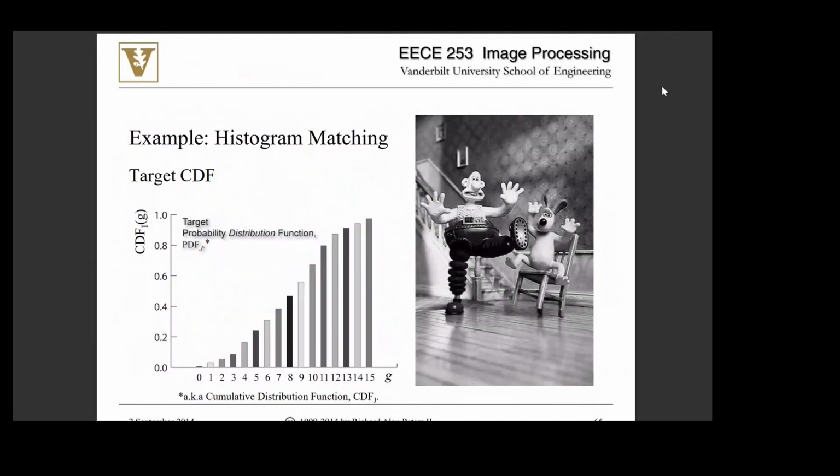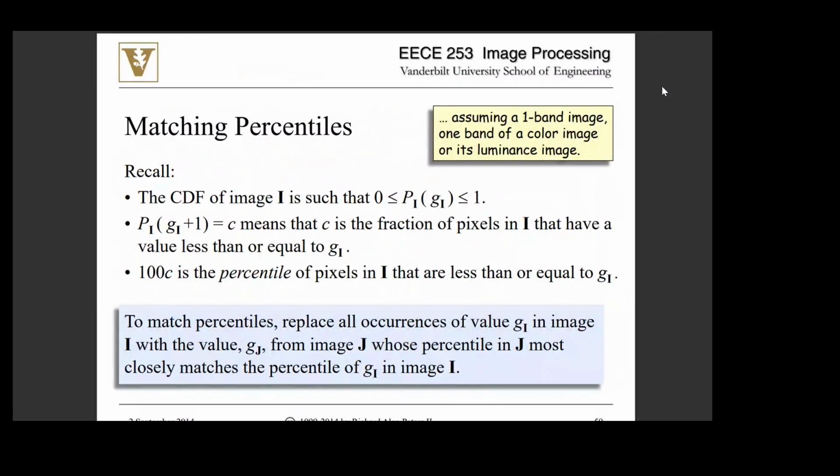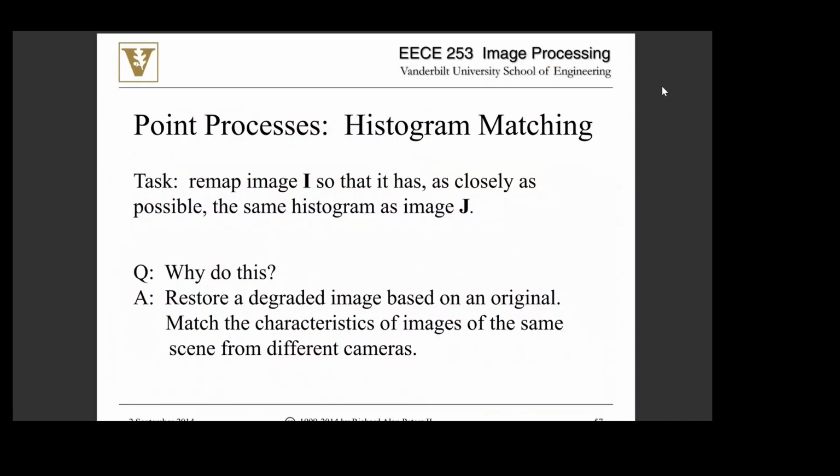Okay, so to do so, we will have now a couple of images. Let me go to the beginning. So I want to remap an image I so that it has a histogram that is as similar as possible to the histogram of another image J. Okay, so let's see how we can do that.